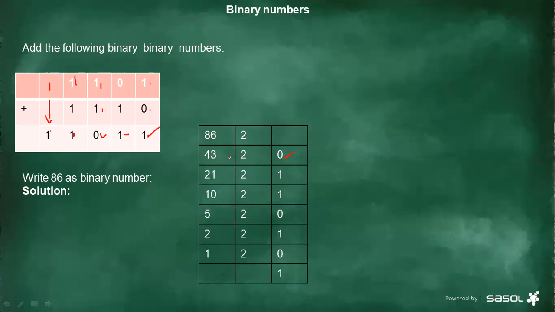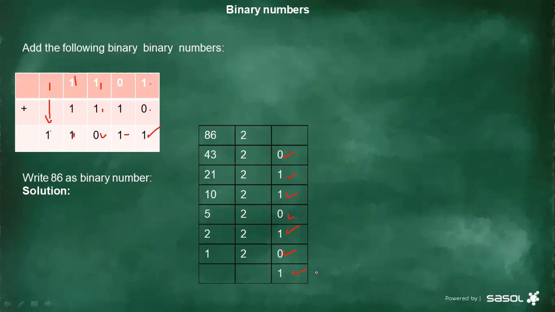And then 2 into 18 is 9, there is no remainder, so you put 0. 2 into 9 is 4, there is a remainder, so you put 1. 2 into 4 is 2, there is no remainder, you put 0. 2 into 2 is 1, there is no remainder, you put 0. Then 2 into 1 is 0, there is a remainder of 1.